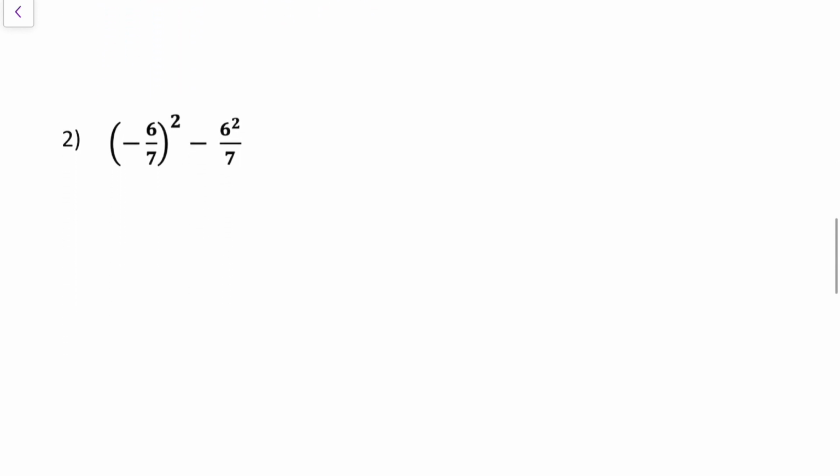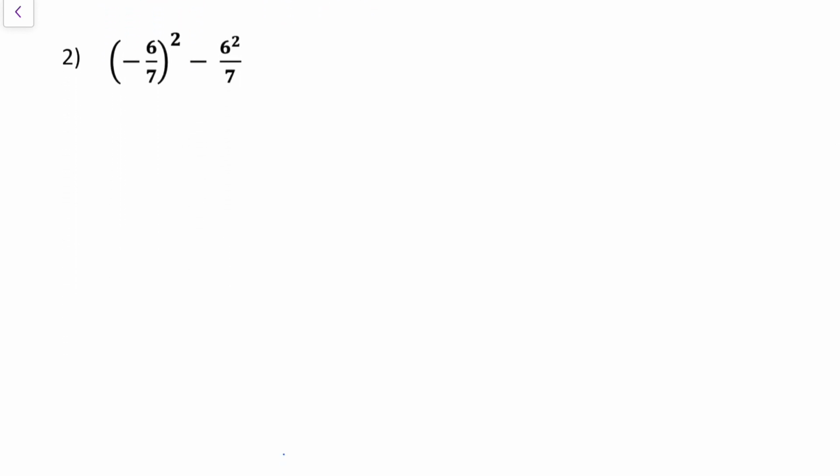Let's look at our next question here. I have an exponent outside of a bracket. So when you have that, the exponent applies to both the top and the bottom. So if I have (a over b) to the power of n, that's the same as doing a to the power of n over b to the power of n.